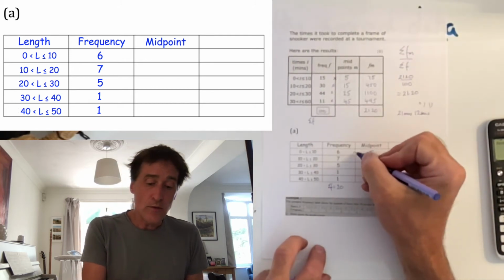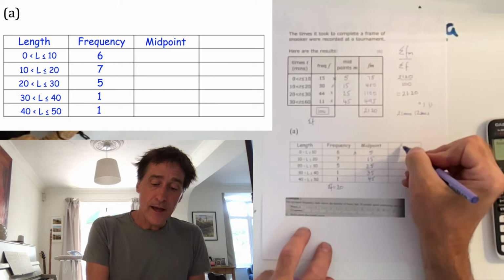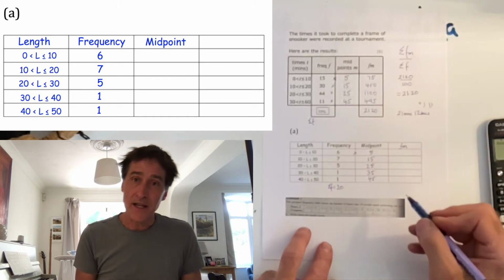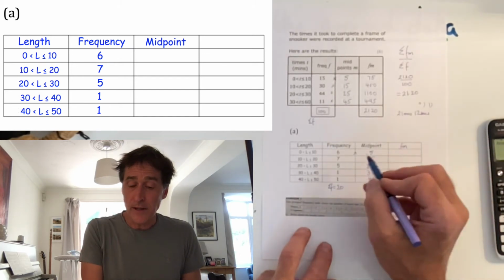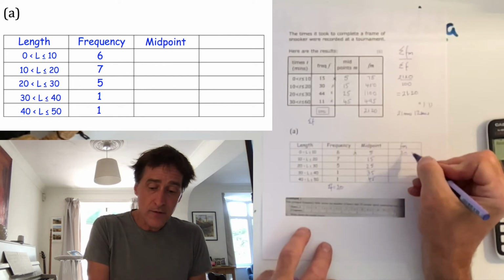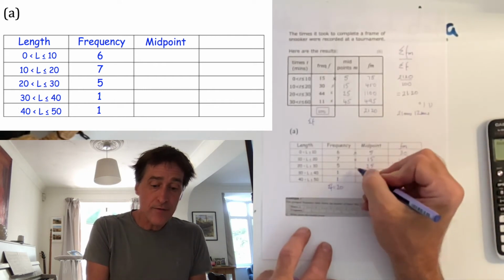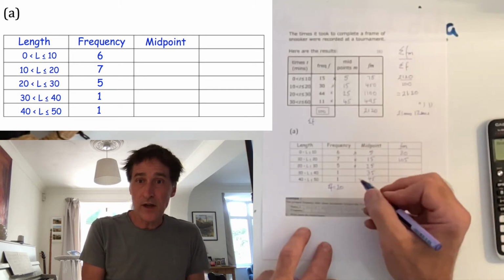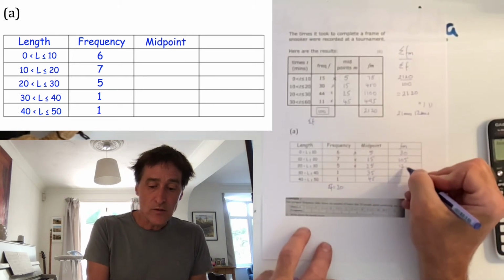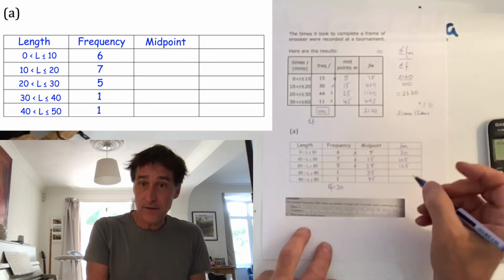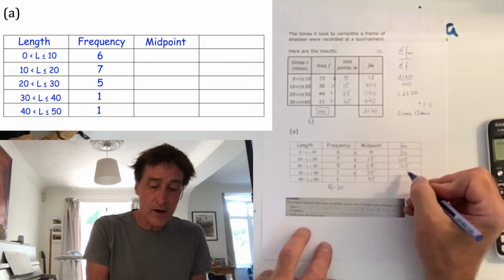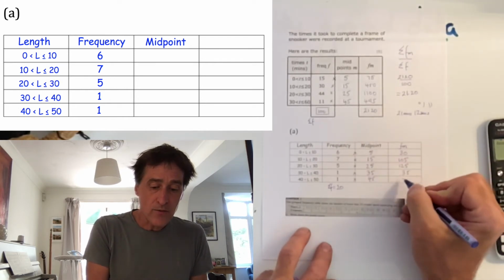Now, I know that 6 pieces of string were 5 centimeters each. So overall, if I multiply these two together, I get FM, like FM radio: frequency times midpoint. So 6 times 5, then I do 7 times 15, 105. I do 25 times 5, which is 125. Do the maths: 1 times 35 and 1 times 45.